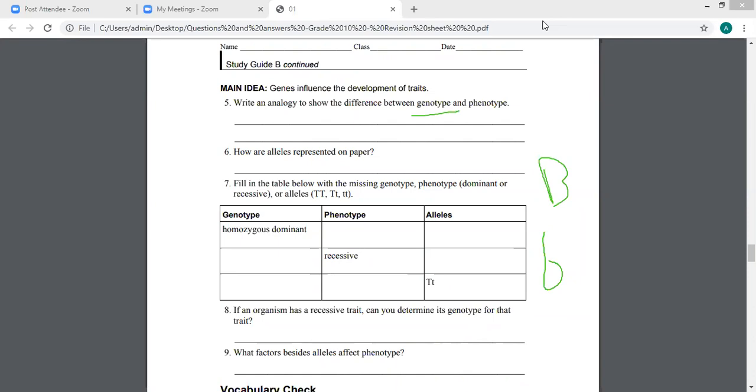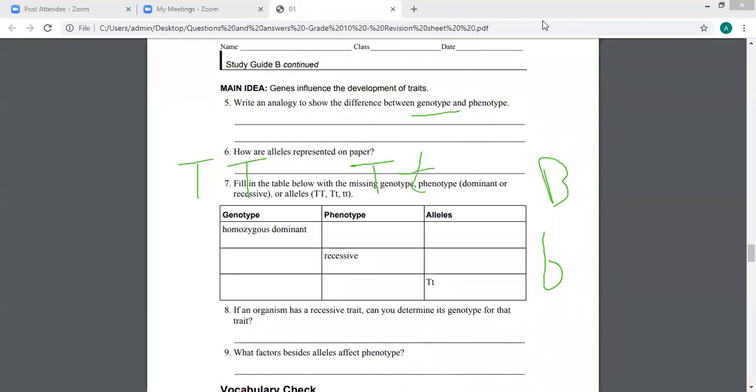So in case of homozygous, for example, they will be similar, T capital, T capital. In case of heterozygous, T capital and T small, so they will be different.